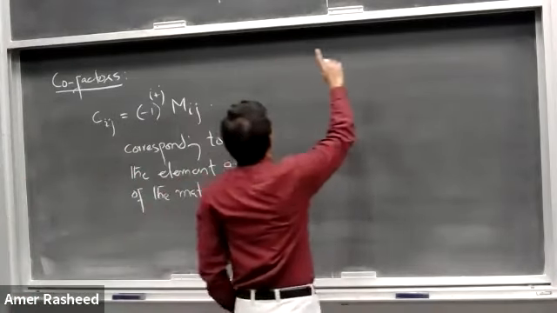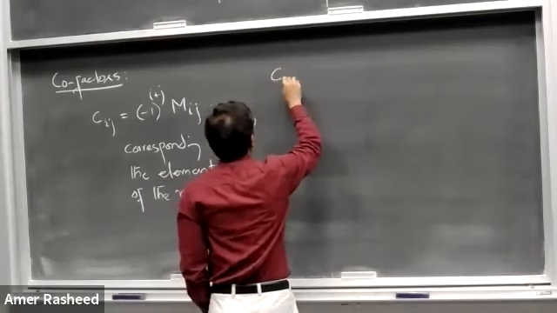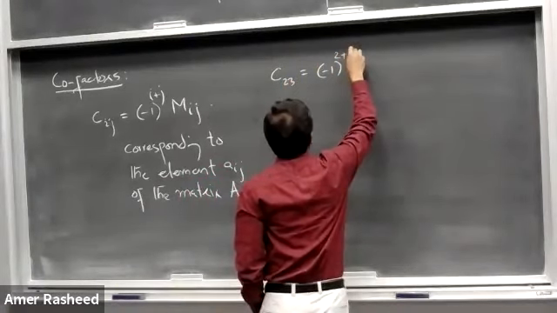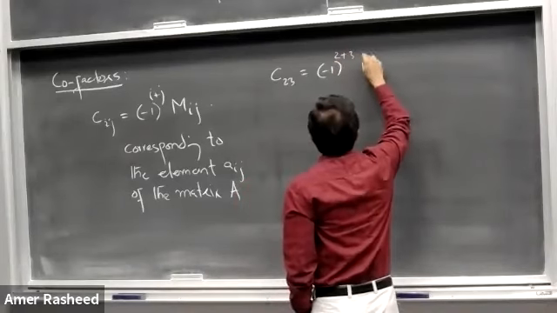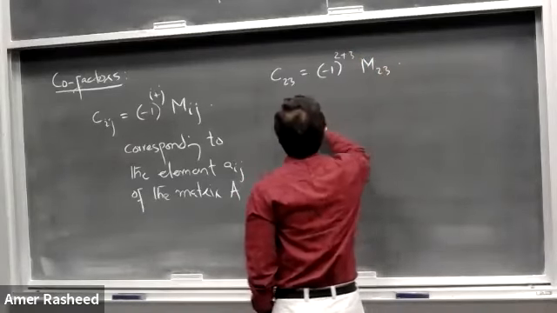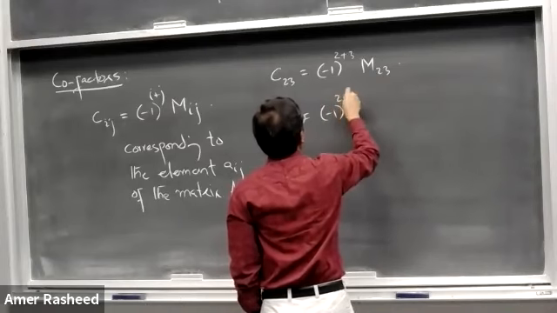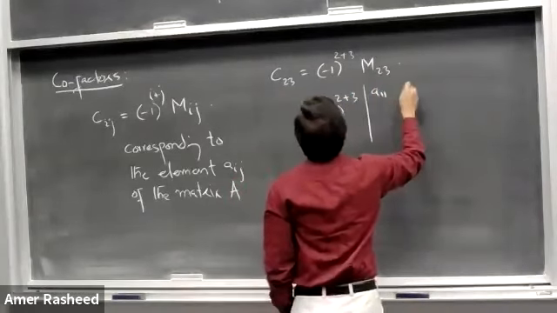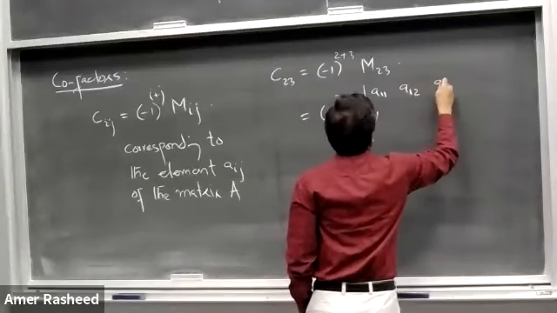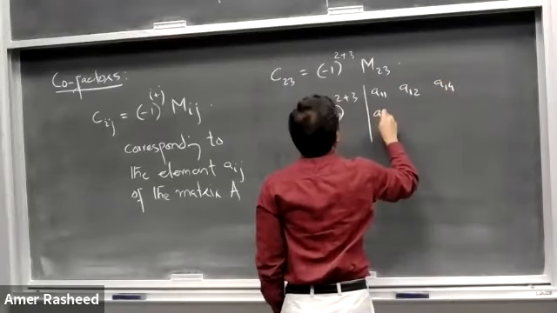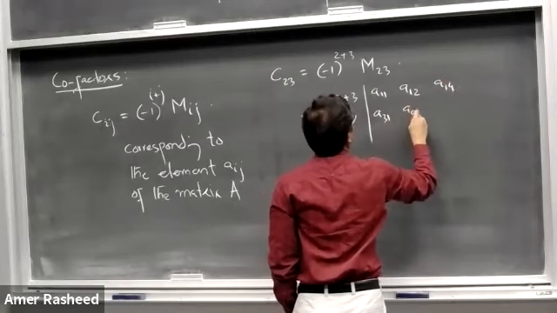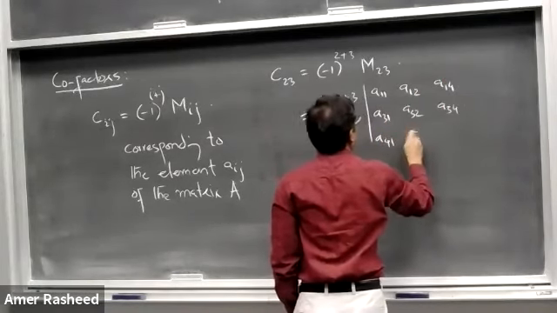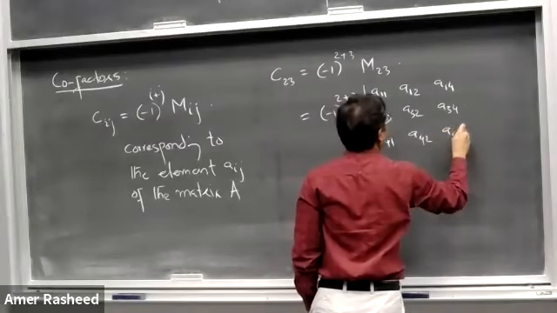For example, in the same matrix, if we want to find C23, then it would be (-1) raised to the power 2 plus 3 times M23, which we have calculated above. So it's (-1) to the power 2 plus 3 times the determinant of A11, A12, A14, A31, A32, A34, and A41, A42, and A44.